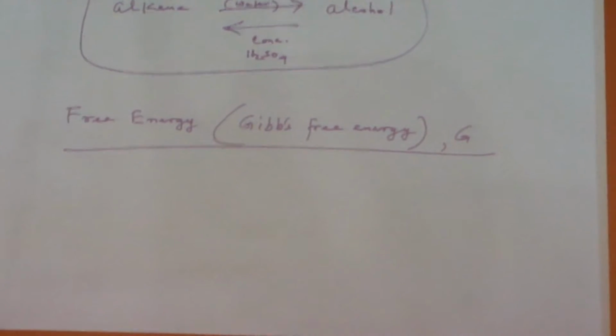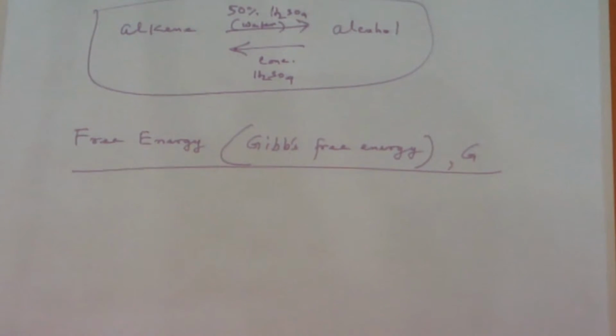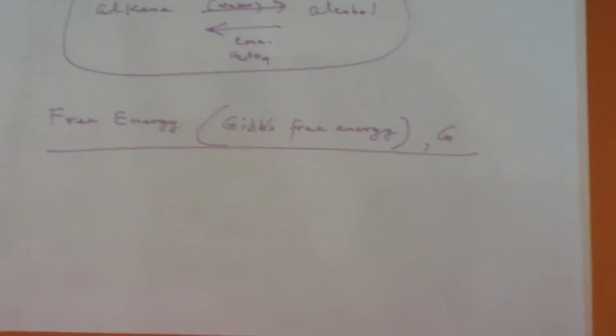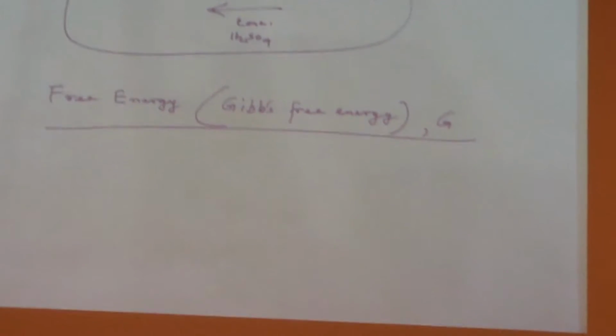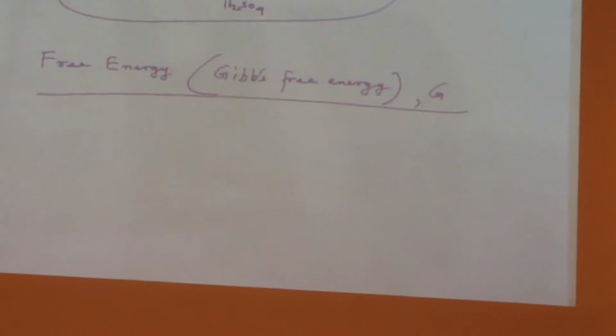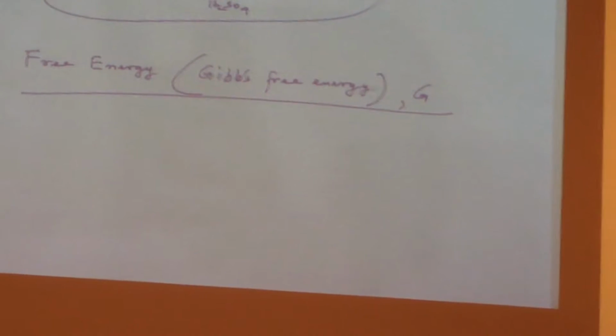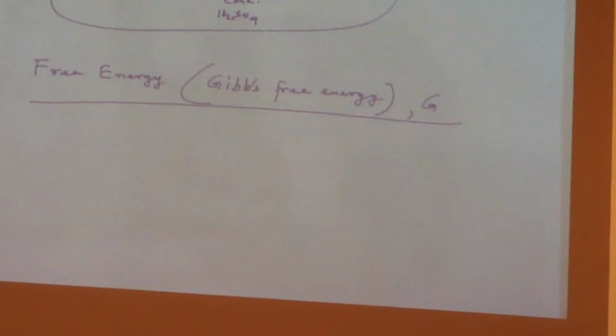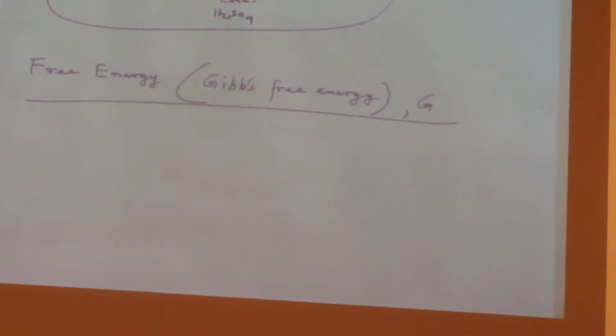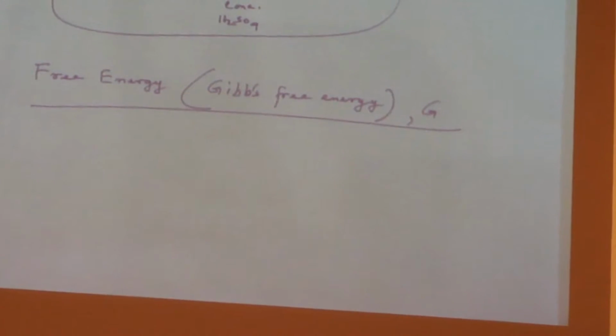What the Gibbs free energy tells you is that you can quantitatively calculate, depending on the exact conditions of the system, whether the reaction will go forward or backward, from left to right, or right to left. And you can essentially calculate that.